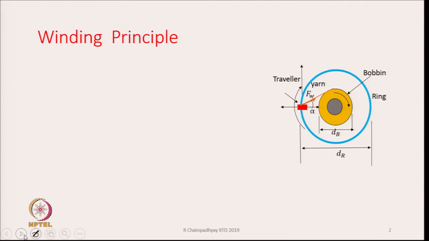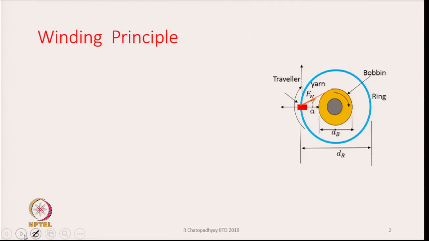Therefore, the elements which are used to twist the fibers, the same elements also help in winding the yarn on the bobbin.